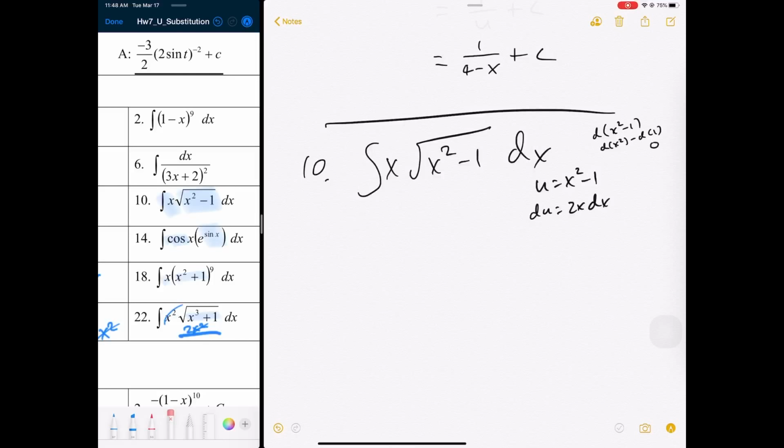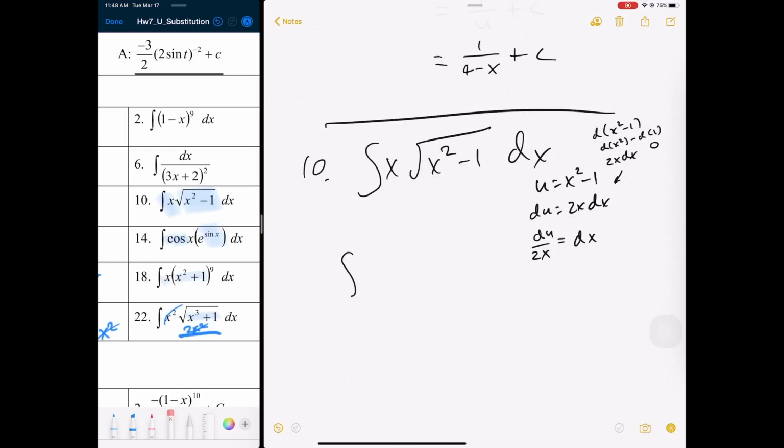This goes to 0. The derivative of x squared is 2x by the power rule, and then the derivative of x is dx. And that's how we end up with this value here. We're trying to get rid of our dx by substituting for du, but du has a cost. It's going to be divided by 2x.